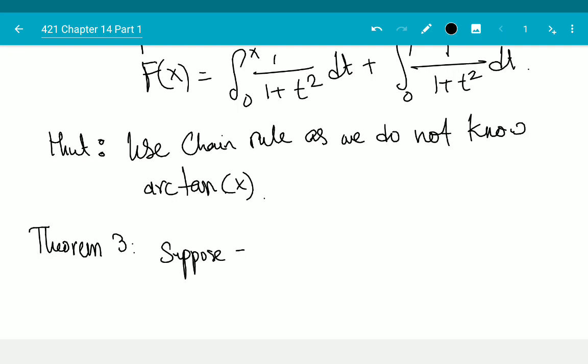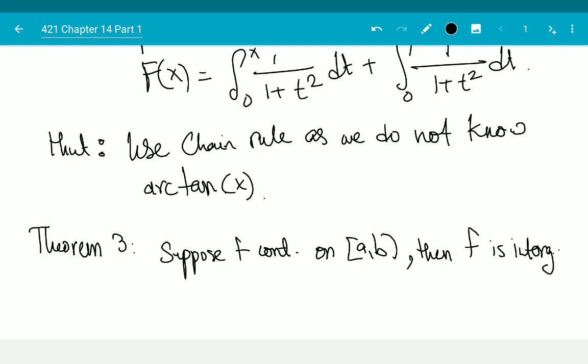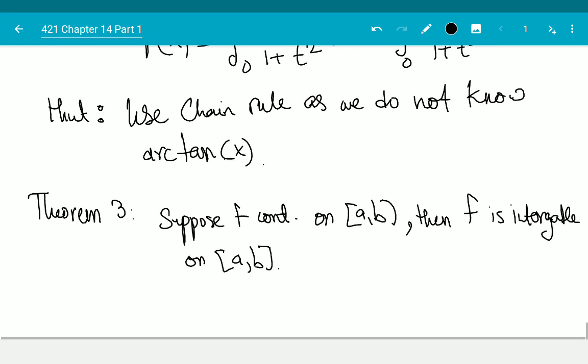Suppose f is continuous on a to b, then f is integrable on capital A to capital B. Okay.